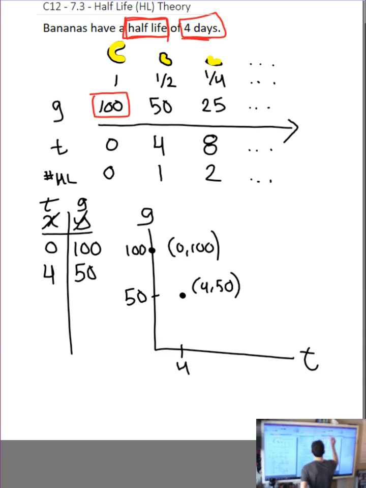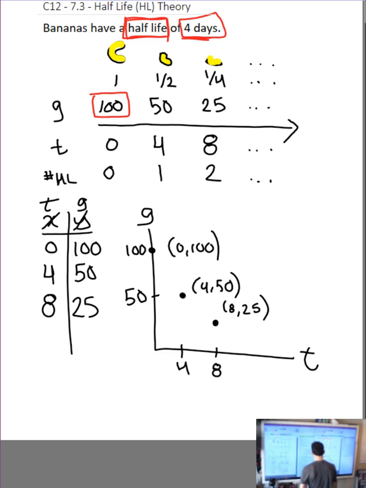And then it continues. After 8 days, I have 25 grams, so that will be 8 days, and that will be this point right here, and let's label that point 8, 25, and let's just do one more point.